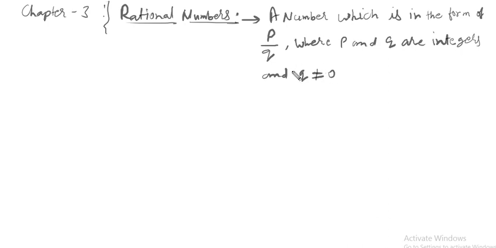Here Q cannot be 0. It is called a rational number.